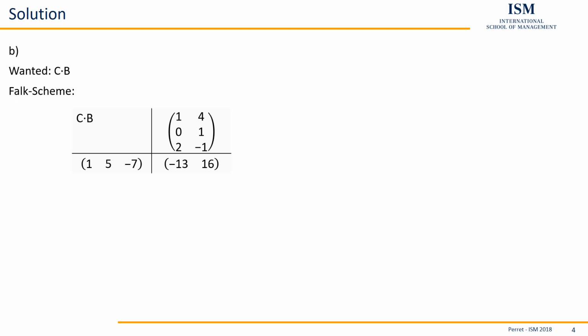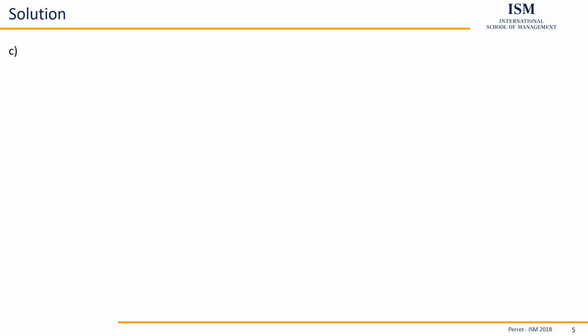And this then is our result, the matrix minus 13, 16. Let's hear once again the result. This then concludes already the second part, and we can continue with the third exercise. With 3, we wanted to calculate A times B, B times A.